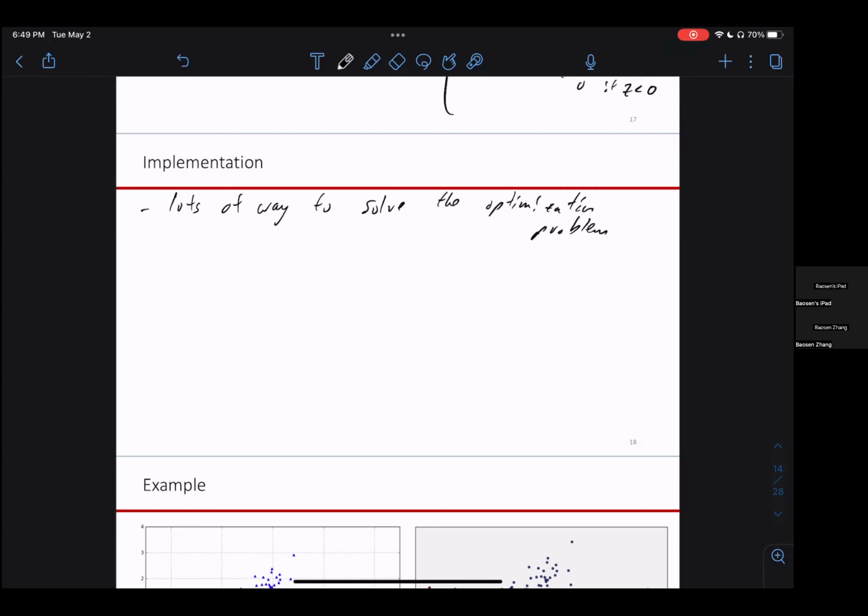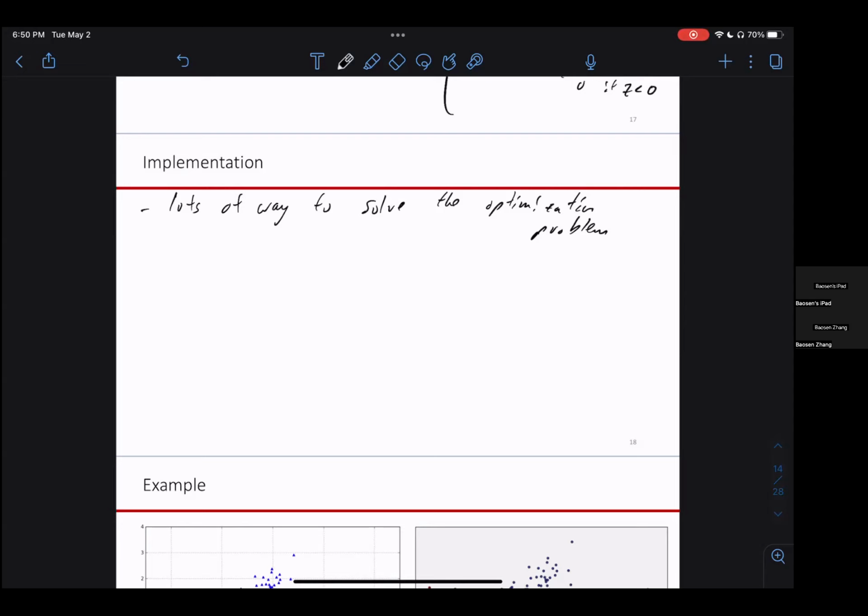So we are not again going to worry too much about how this is solved. Suffice to say, this is not a very hard optimization problem. Lots of algorithms can solve it extremely fast.